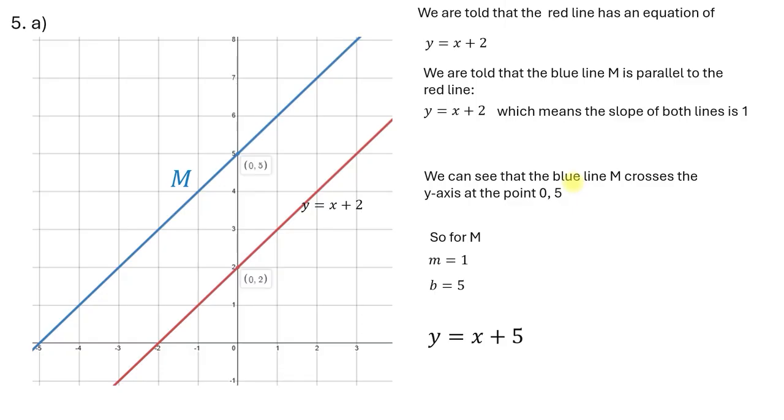So we are told that the red line has an equation of y equals x plus 2. And we're told that the blue line, M, is parallel to the red line. So right away, we know that the equation of the M line is going to have a slope of 1.